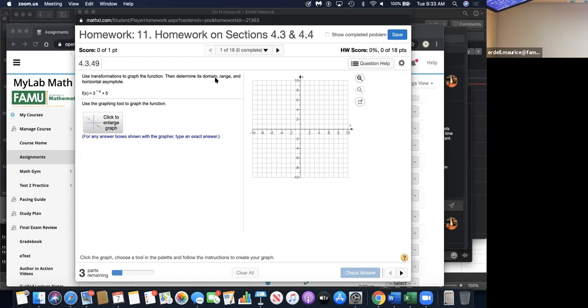Well, looking at the graph of the function, the +5 means that the graph is going to be shifted up 5 units.